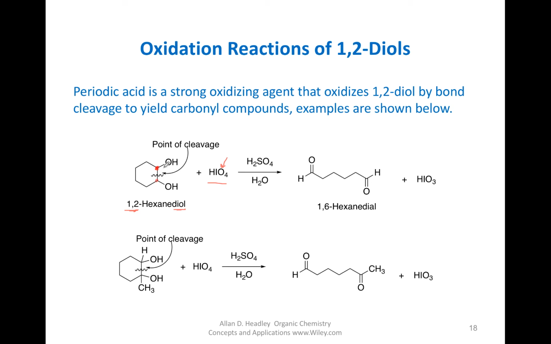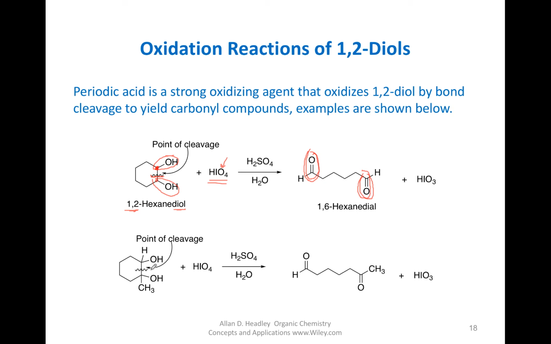If the alcohols are on adjacent carbons, this periodic acid will oxidize by breaking this bond here and forming a carbonyl. So the OH here goes to a carbonyl. This OH here goes to a carbonyl. Notice again, there's a change in oxidation state if you were to do the calculations for the oxidation state for each carbon.